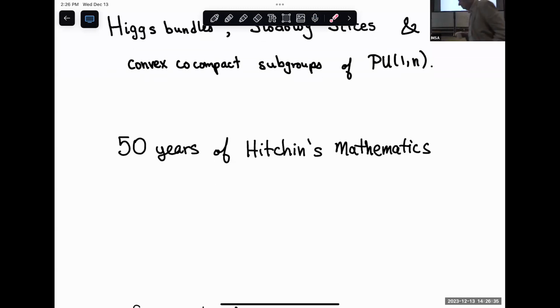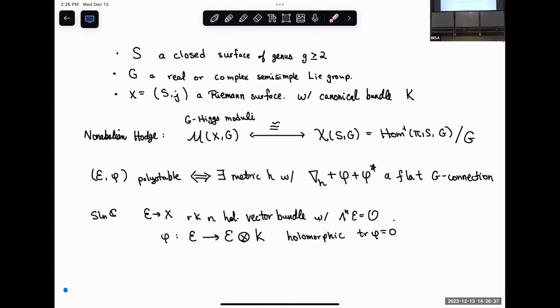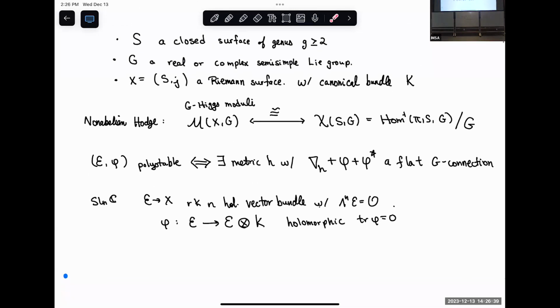Okay, great. So first, let's set some notation and recall some things. Apologies, you already all know this probably, and you've seen it 3 times now. So S is going to be a closed surface, just a topological object of genus greater than or equal to 2. G is going to be a real or complex semi-simple Lie group.